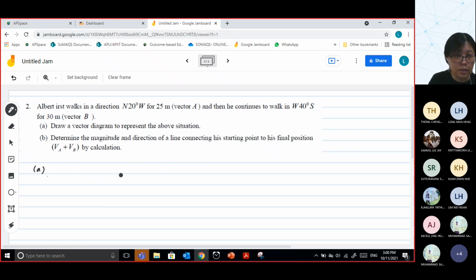Okay, so for the first one, vector A, north 20 west, where is north 20 west?